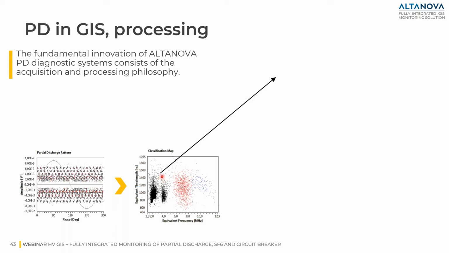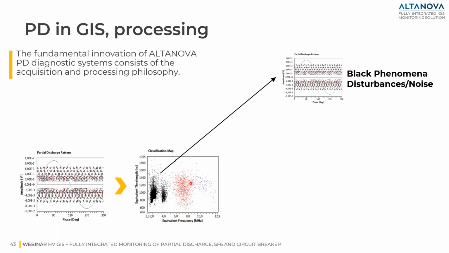The name of this map is the classification map. In the classification map, we can clusterize the phenomenon, and we can easily identify different clusters, different groups of points, colored in this case in black, red, and blue.